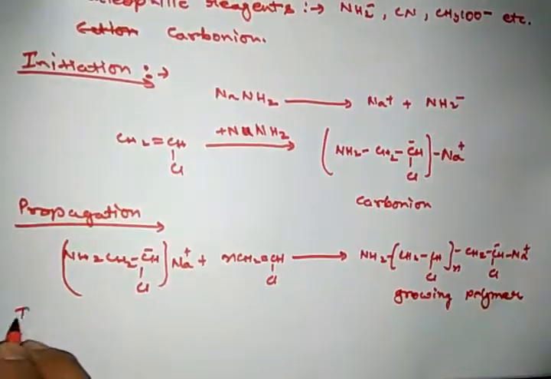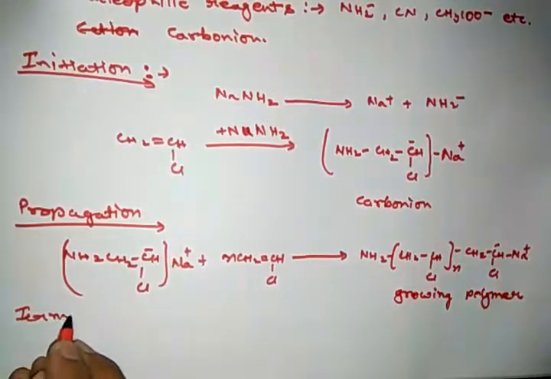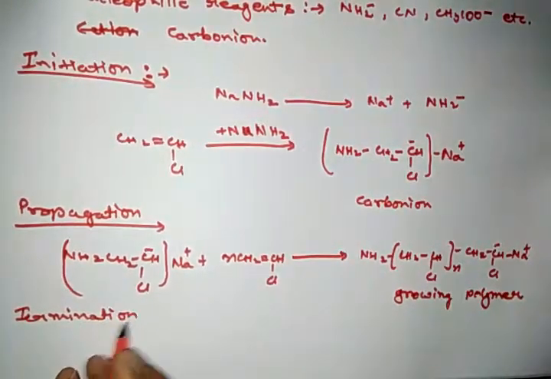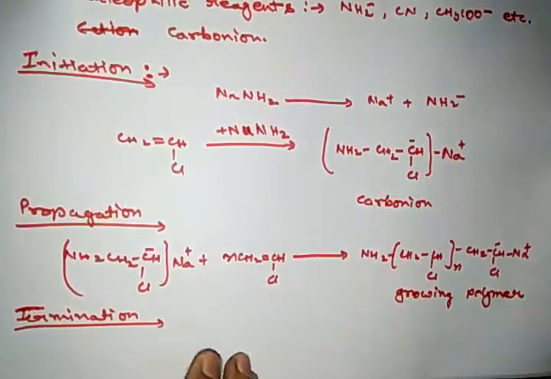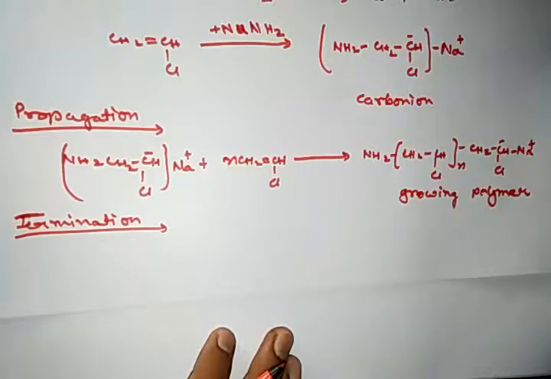In the last, termination step, generally termination of anionic polymer is done in the presence of Lewis acid or H plus ion.